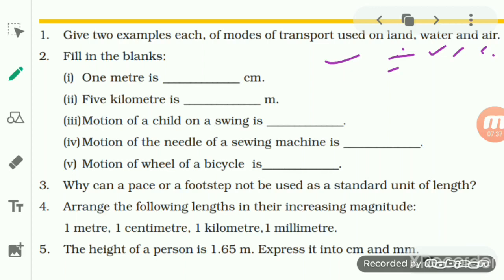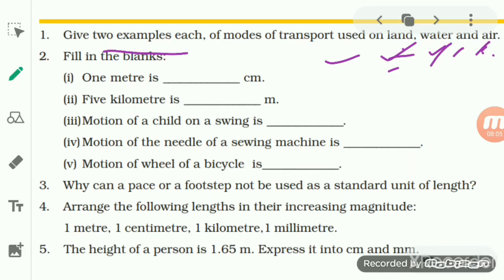These all fly in the air, so their mode of transport is basically in the air. So they are the examples of transport that we use in air. You have to write any two examples on the land, water, and the air.